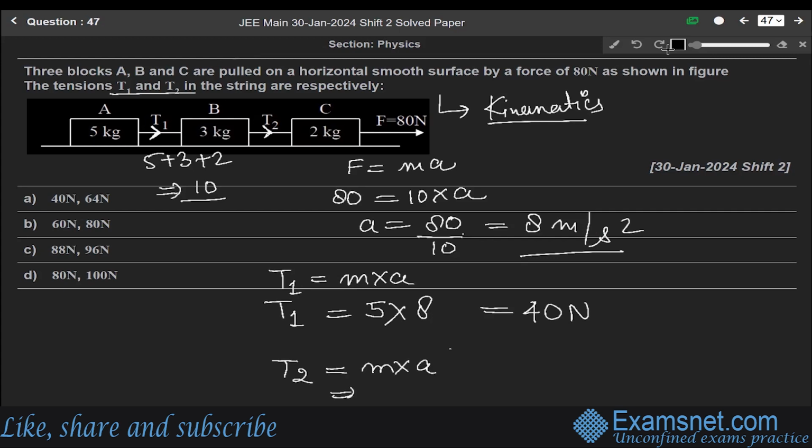For this T2, the total mass will be this mass plus this mass, meaning 5 plus 3 equals 8, and acceleration is 8. So it will be 64 Newton. So the correct answer is 40 Newton and 64 Newton, which means option A.